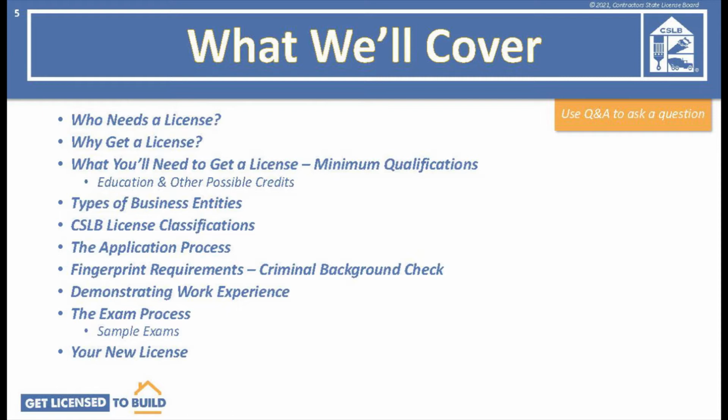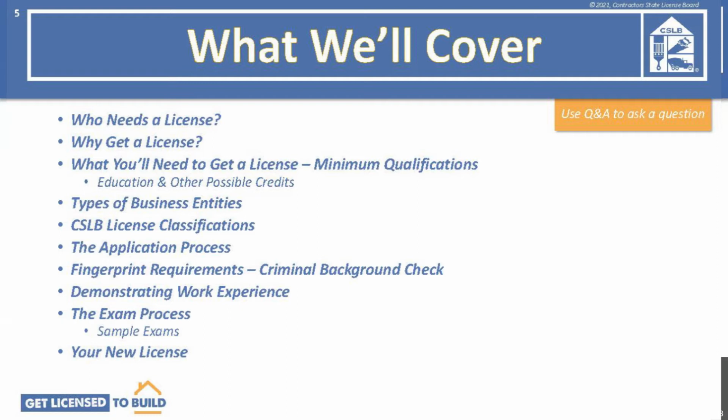We will spend a lot of time giving you tips to help fill out your applications, including how to demonstrate your work experience to meet minimum qualifications. We're going to talk about fingerprint requirements for a criminal background check, and we will help you get ready for the exam or exams that you'll need to pass in order to get your license. And finally, the other things you'll need to have in place before your license is issued, things like a bond and insurance.